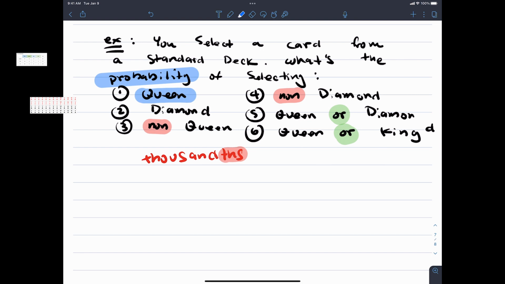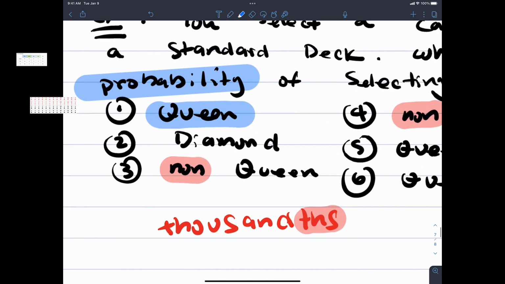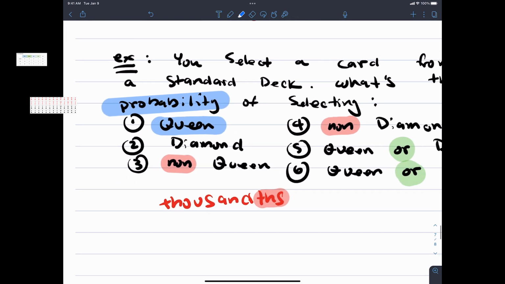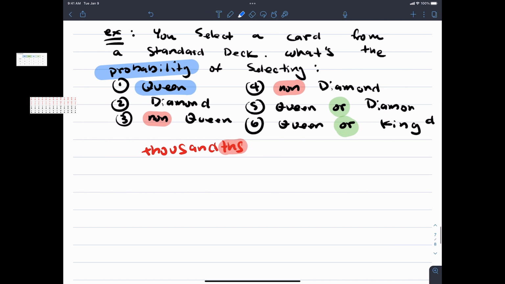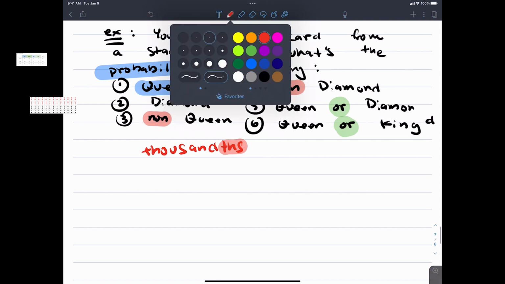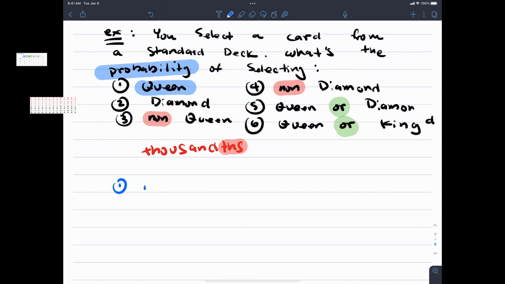So, the first event here is what's the probability of selecting a queen? So question number 1, we're going to use the definition of probability here. What's the definition? Number of queens divided by the total number in the sample. Is that right? And let's try to see if I can get that a little better.